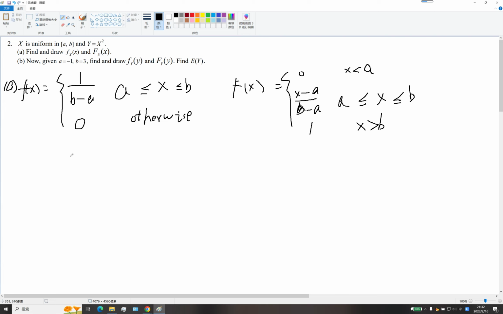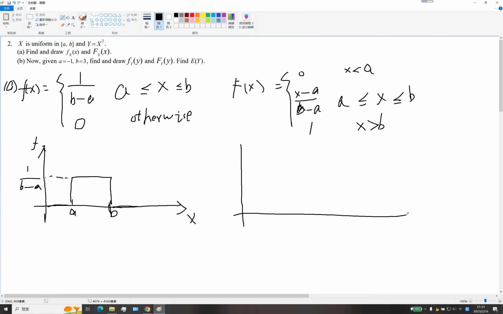And draw them. From little f, this is x, this is a, this is b, and this height is 1 over (b minus a). Otherwise they are all 0 on both sides.